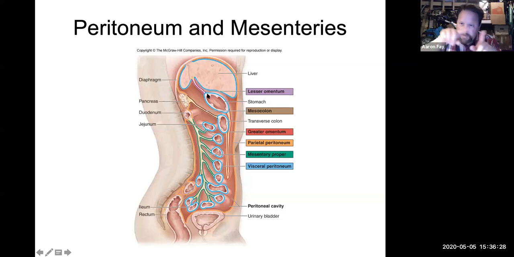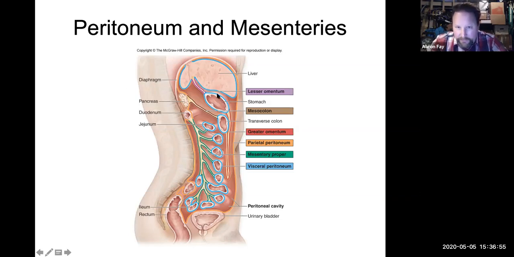When they touch the stomach, they're going to go back to being the visceral peritoneum. But in this in-between space, between the liver and the stomach, this little region of double layer visceral peritoneum is called the lesser omentum, because it will extend from the liver to the lesser curvature of the stomach. We'll get to the structure of the stomach later.